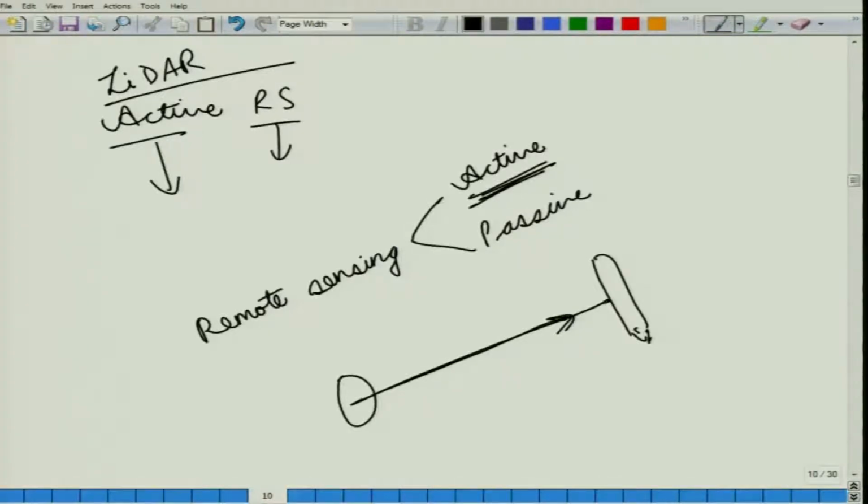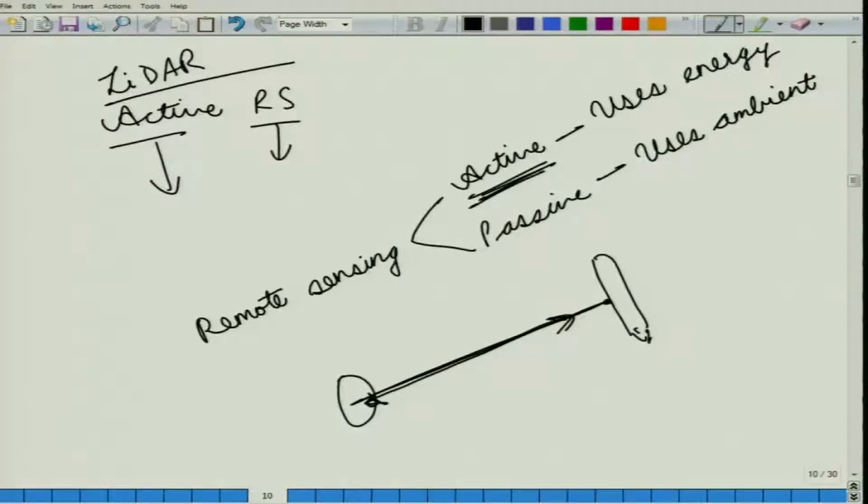Those laser lights would interact with this object and be reflected back, and then I would measure them again. That sort of remote sensing is one in which we are using energy. So active uses energy, passive uses ambient energy or the sun's energy.